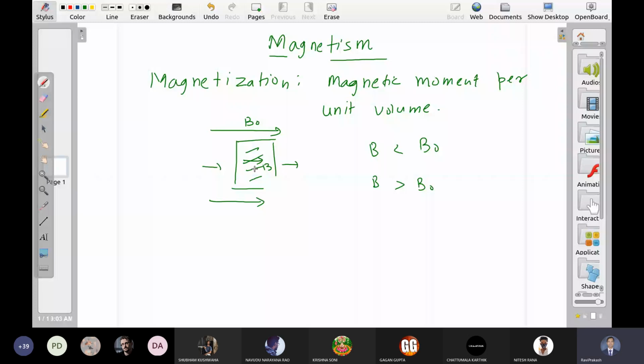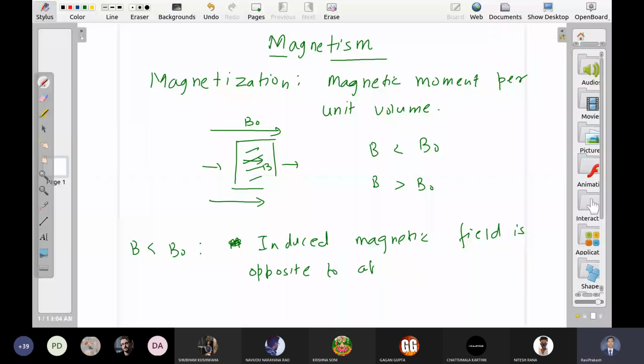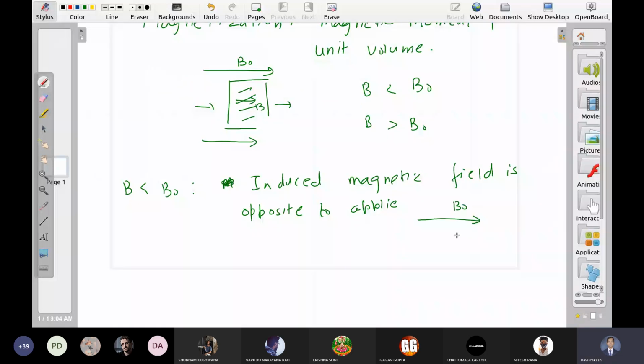It actually means that the induced magnetic field is opposite to the applied. So what really happens is we applied B naught, some opposite field is created M, and finally we get this B, which is less than B naught.